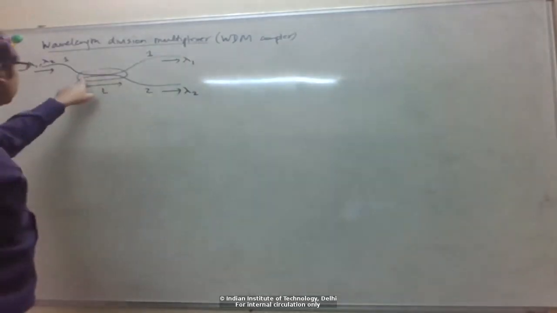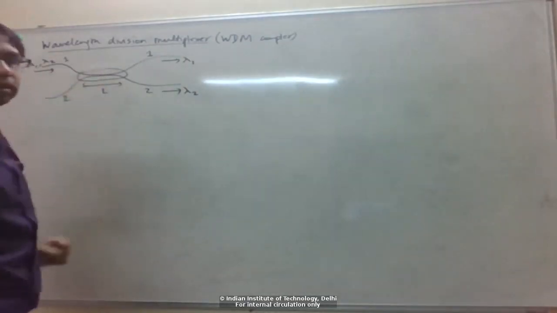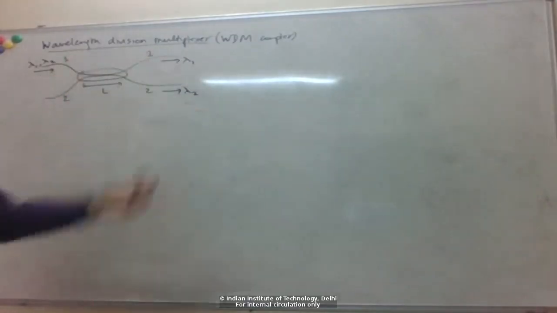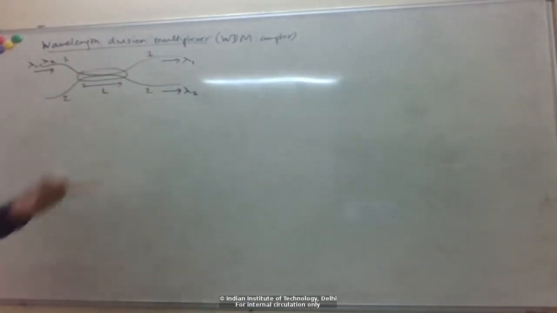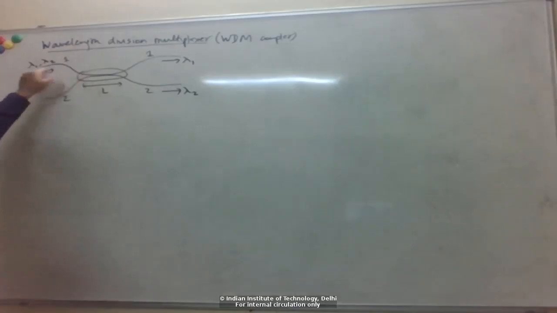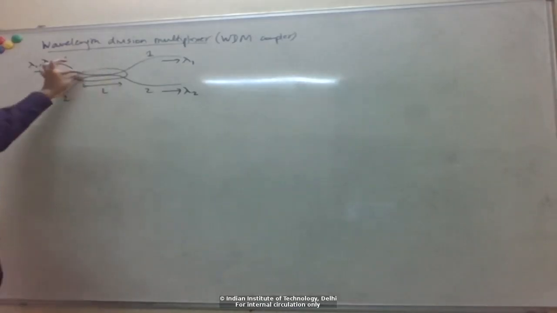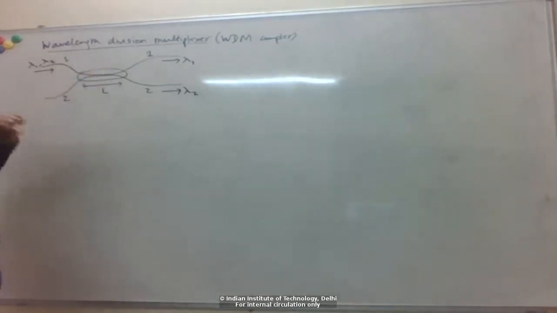Recall that the coupling coefficient here depended on wavelength. It depended on an overlap integral, and so on the mode profile, and it also had a factor of wavelength directly coming in. So different wavelengths will have different coupling coefficients for a given separation between the cores.